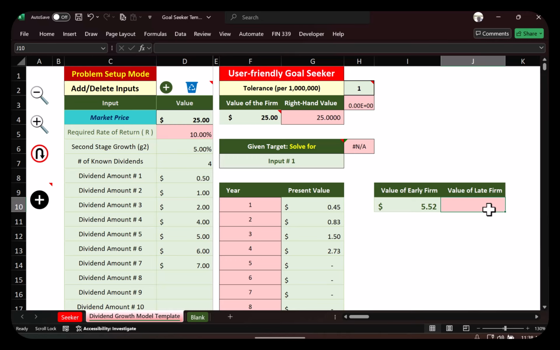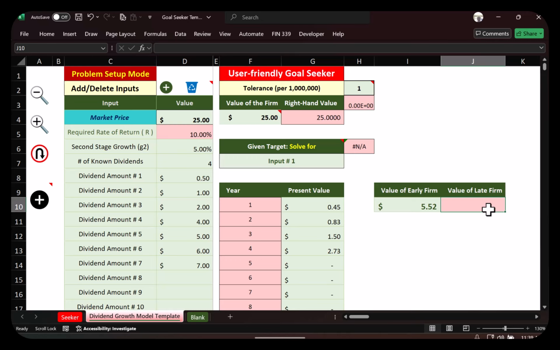Let me see. Because you have to make that F4, or okay.